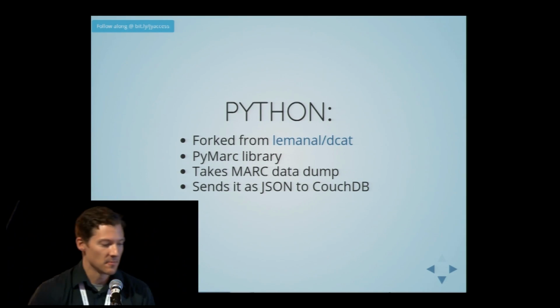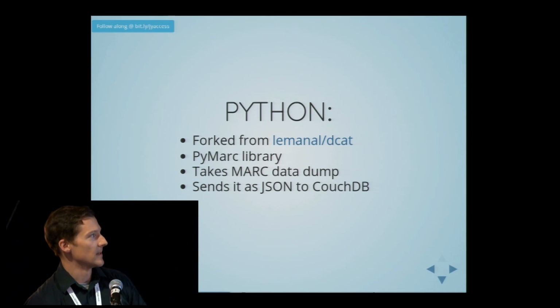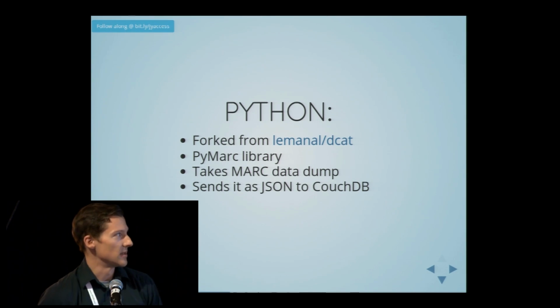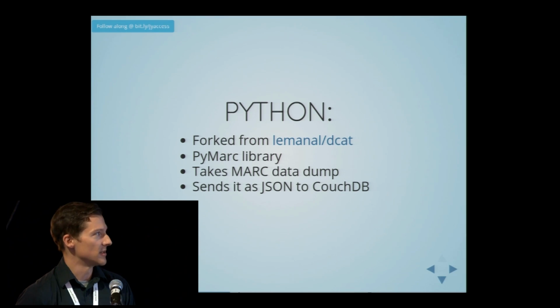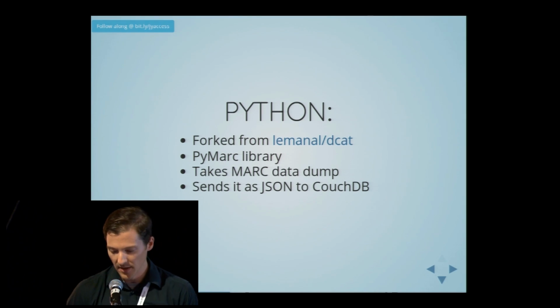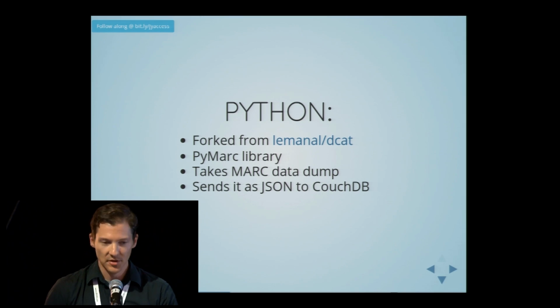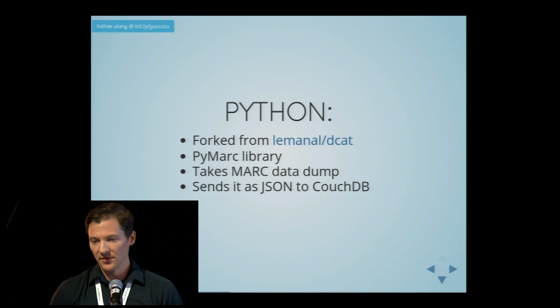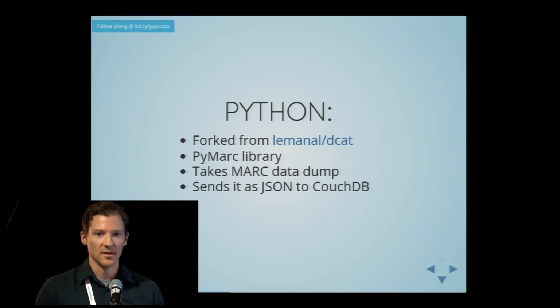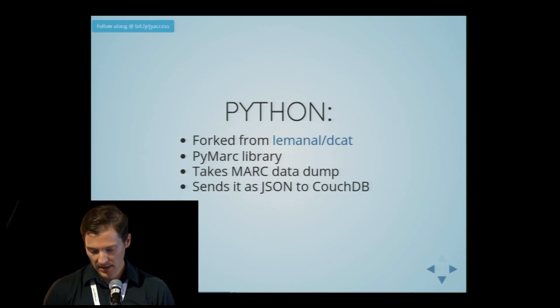All right, so the Python script I'm using is linked there. It's DCAG. It's using PyMARC, which makes things really simple to get the content in. It takes a MARC data dump, which you can use your own if you have access to that. If not, Internet Archive has a ton of various open data dumps as well.